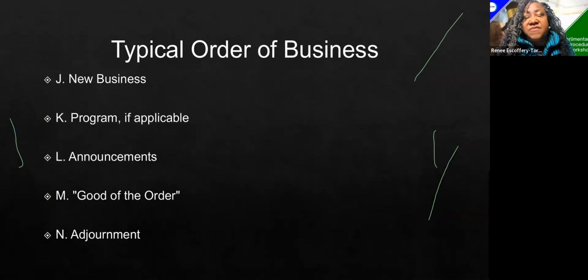Once you've completed anything that was unfinished from before, you're going to go on to your new business. And then once you have completed your new business, in this time again, you would have your program. I'm not doing it, but it's very interesting because, serving as the vice president for the Episcopal Church Women for the Diocese of Southern Virginia, our president had a signature series during her term of administration.